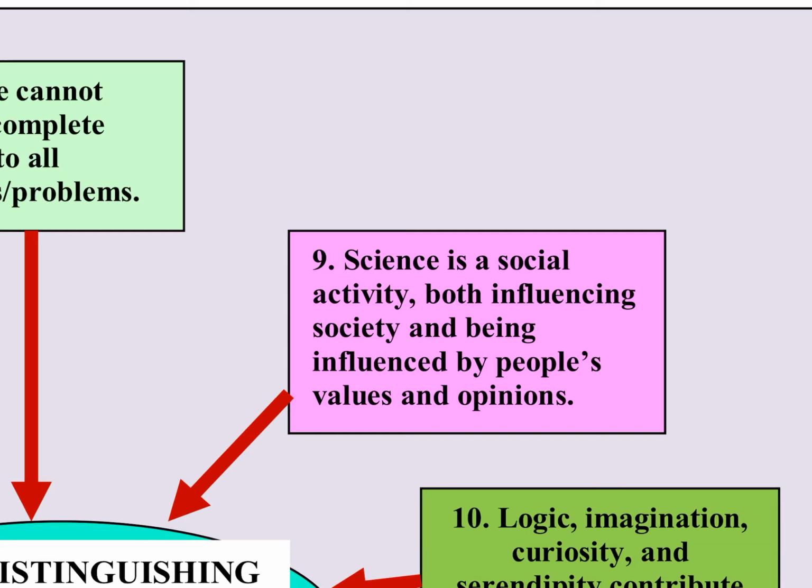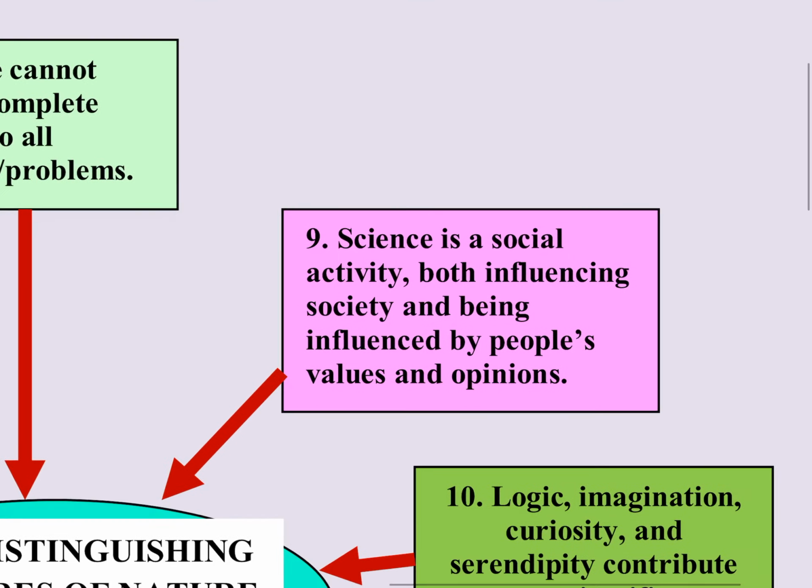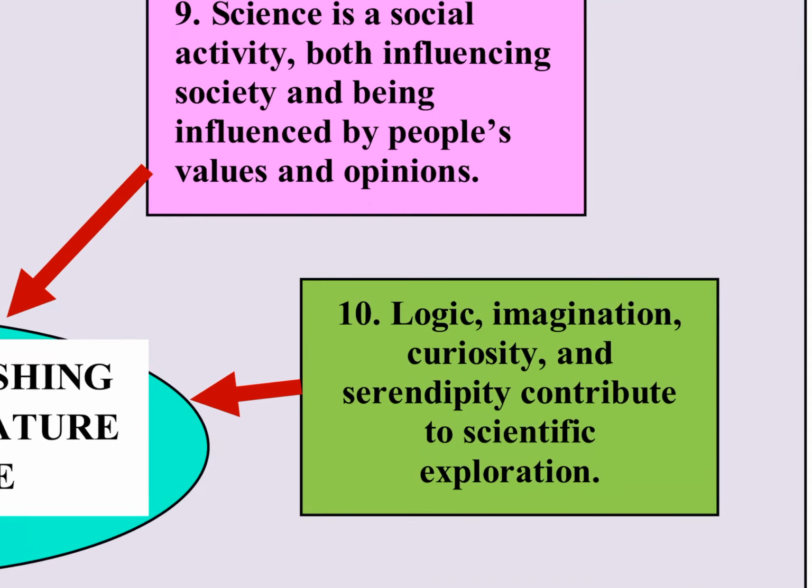Science is a social activity, both influencing society and being influenced by people's values and opinions. So people's values and opinions also influence science. That means society influences science, and science influences society because of its different inventions.